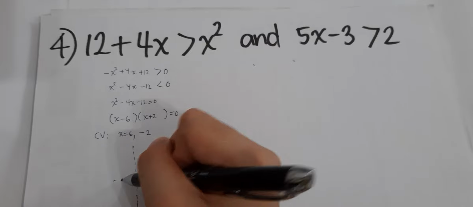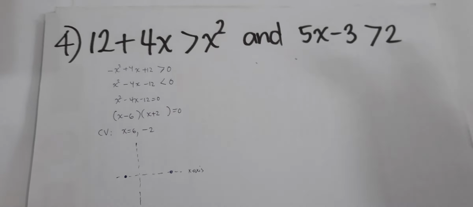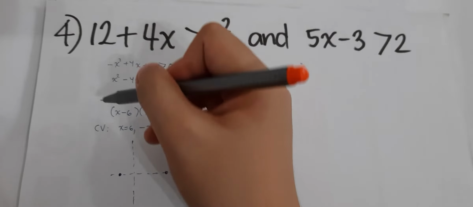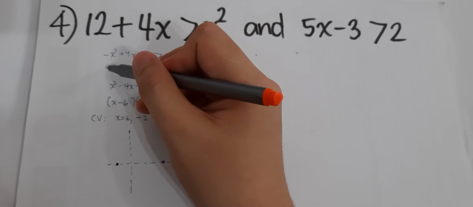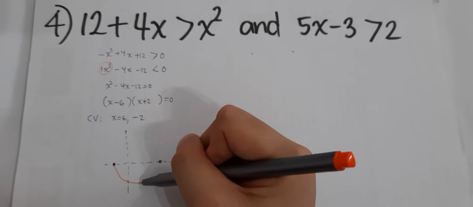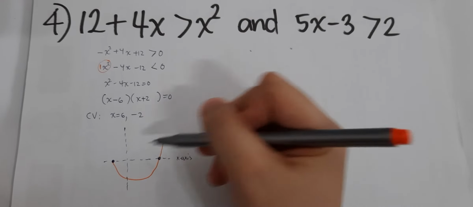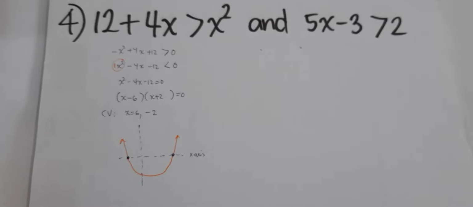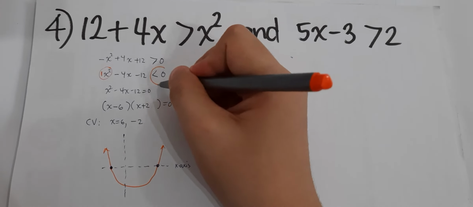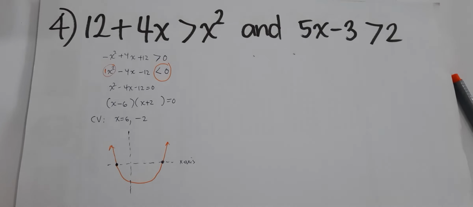Here, let's say, is my minus 2. Here is my 6. Opening upward because my new inequality here is positive. Now, what do I need? I need the values less than 0.